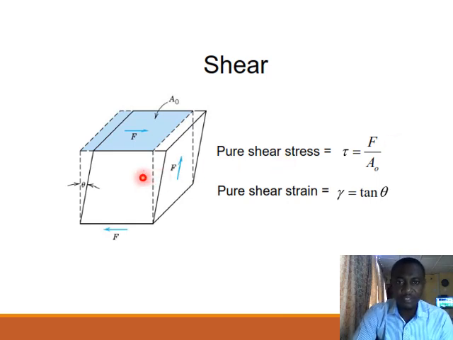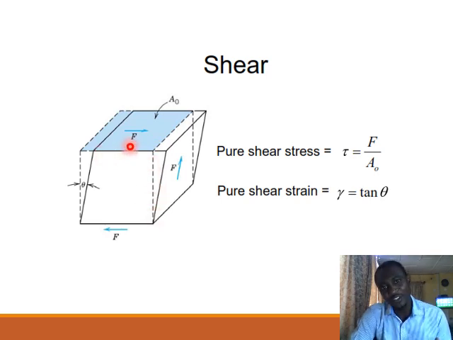Now, what you have here in terms of deformation is more of an angular deformation. The dotted line indicates the original position or the original state of the material, and upon application of the load to generate a shear stress, that's the shear load, you have a shear of the material.